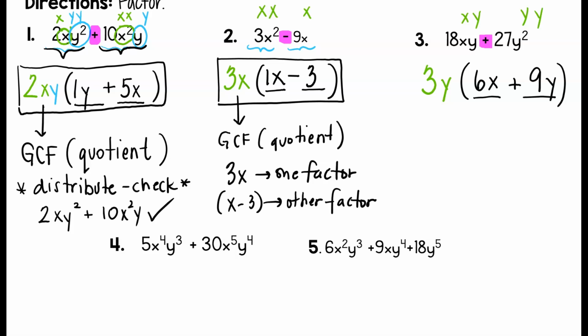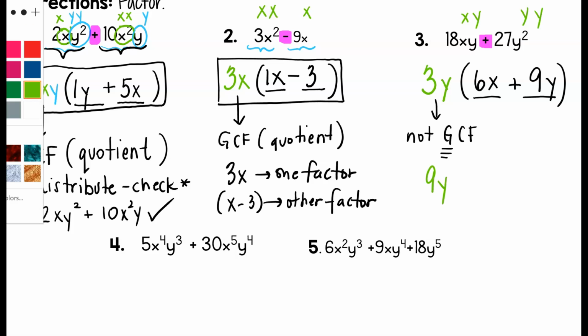Now, this is technically factored. It's just not factored completely, because although 3y was a common factor, it's not the greatest common factor. If you look at 6 and 9, they are also both divisible by 3. Which means the GCF was not 3y, the GCF was actually 9y.